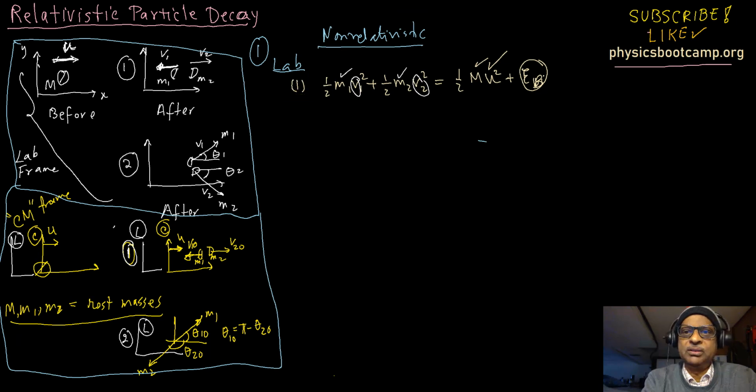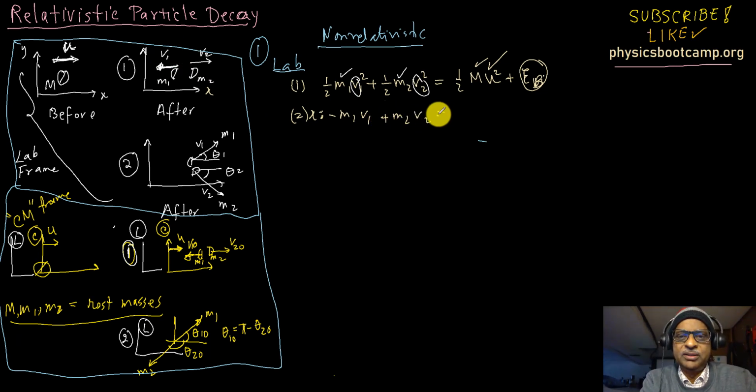The second piece of information is momentum conservation, which is just one line. I'm writing the x component: m1 v1, with a minus sign on the v1 speed, plus m2 v2, and the x component equals M u.